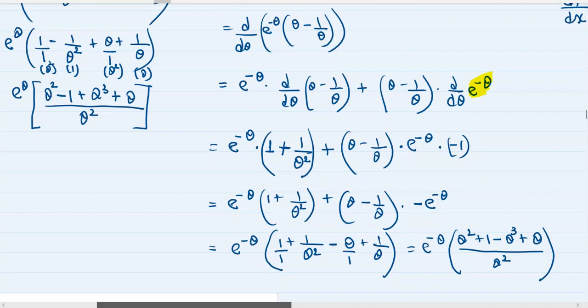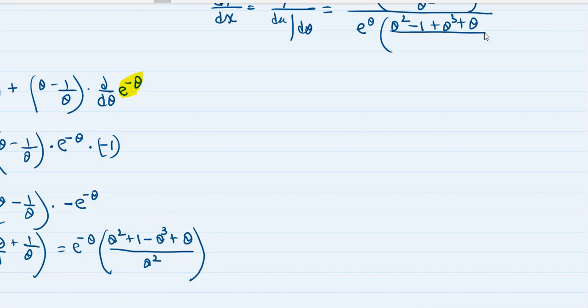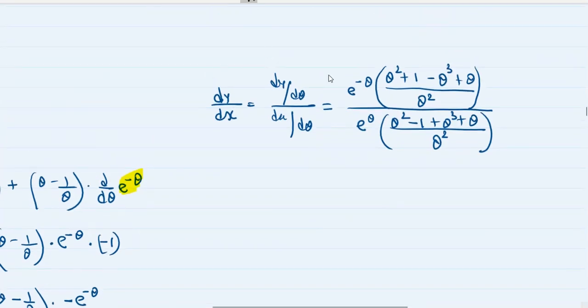So e raised to theta bracket theta square minus 1 plus theta cube plus theta, the whole upon theta square. See, if you're thinking that e raised to minus theta and e raised to theta will cut, they will not cut. This theta square will definitely cut.